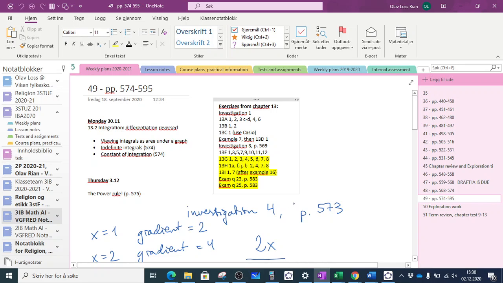So x to the power of minus 2 plus 1, we multiply with 4, and then 1 divided by minus 2 plus 1, plus c.